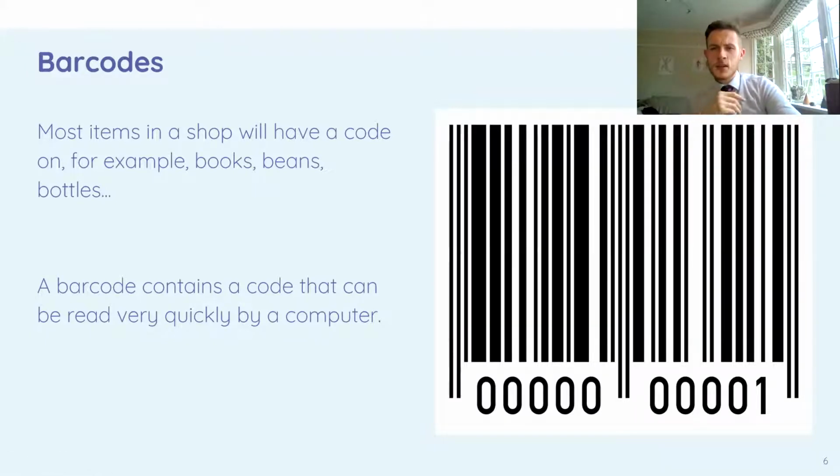It means instead of me having to remember information about a product, so I might say, oh, I want to know about this pencil, instead of me having to remember everything about the pencil or having to write the number down and then go and find a book about it and read the book to see what this barcode information says, we have these barcodes to tell us all the information about the product and about its cost, which we're going to look at in a second.